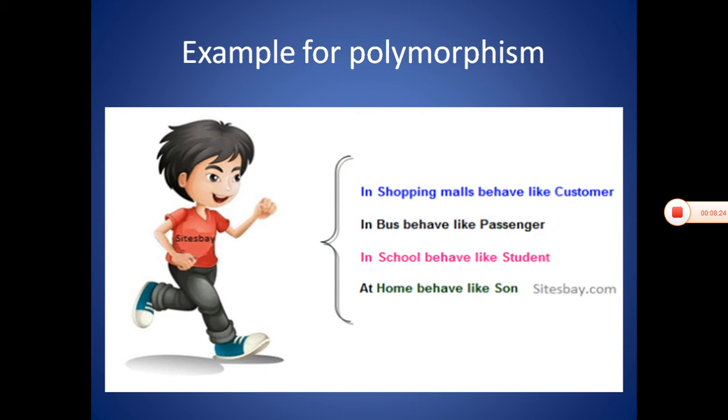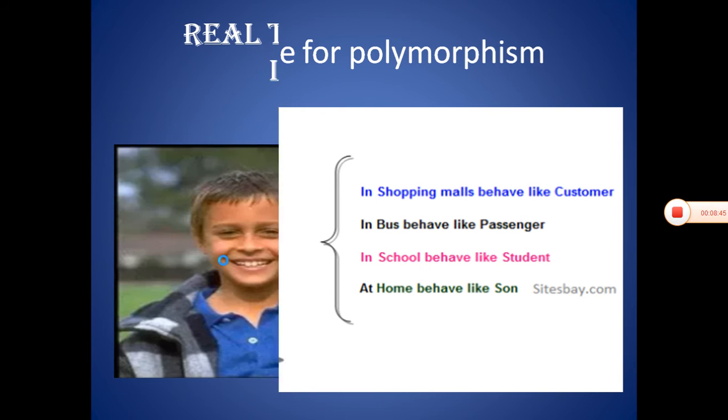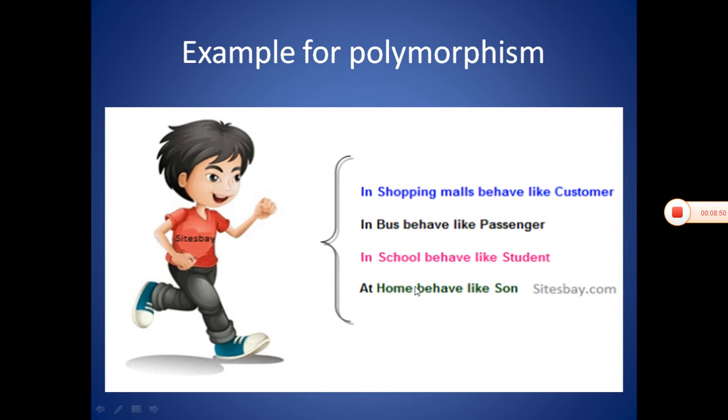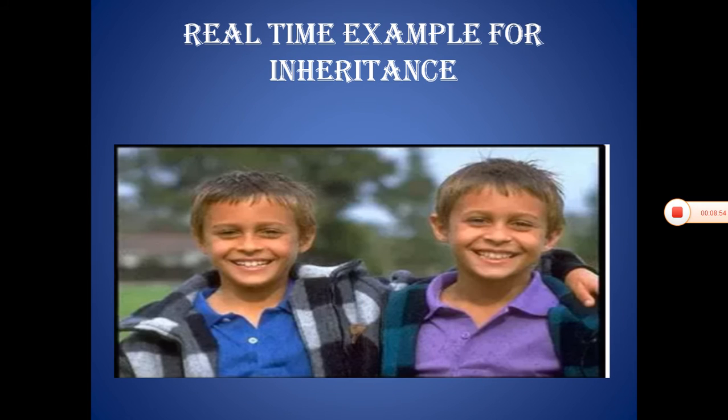For example, for polymorphism, here is one person. He behaves in many ways. He becomes a customer in a shopping mall, a passenger in a bus, a student in school, and a son at home. He is a single person, but he behaves in different ways. This is about polymorphism. And this is a real-time example.